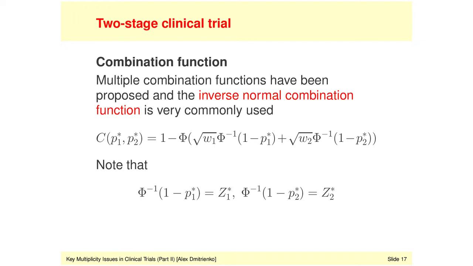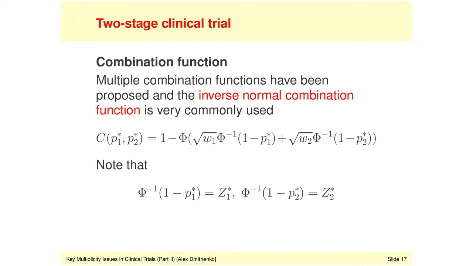And I would like to point out that multiple combination functions have been developed and are used in confirmatory trials, but most commonly it is the so-called inverse normal combination function that is used. This function is defined on this slide. It depends on the predefined stage weights W1 and W2.